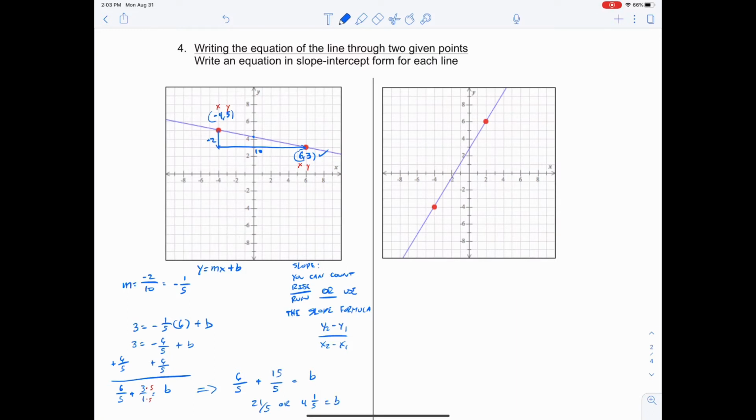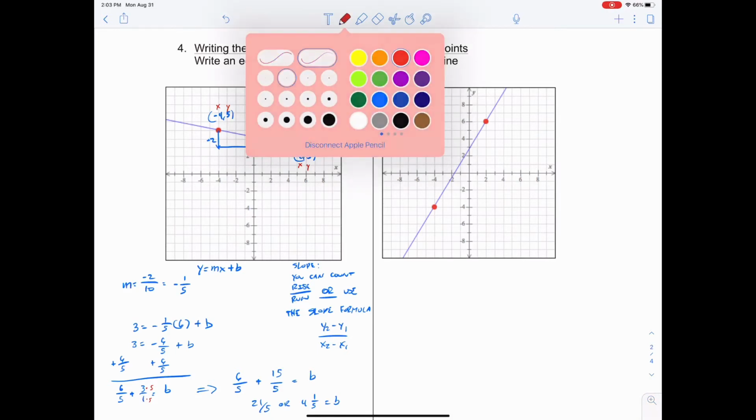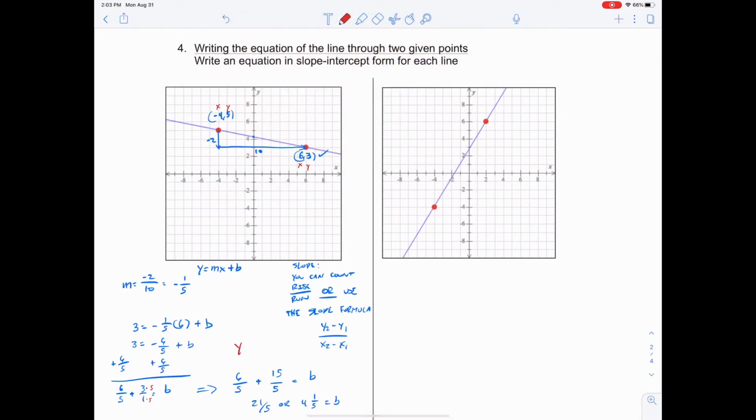Equals b. So this is very messy, and I hope you can forgive me here, but we have y equals negative 1/5, which was our slope, and then plus 21/5, or you could put 4 1/5 if you want. I'm going to put 21/5.